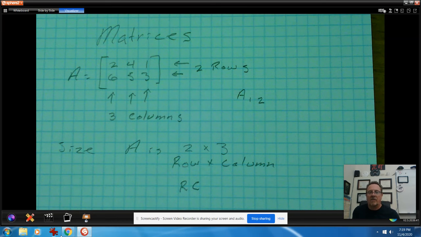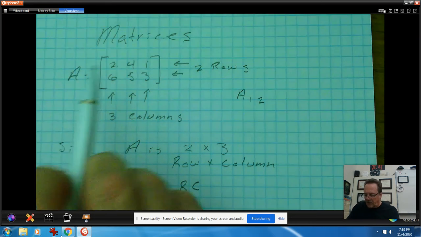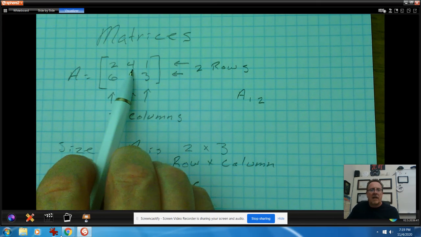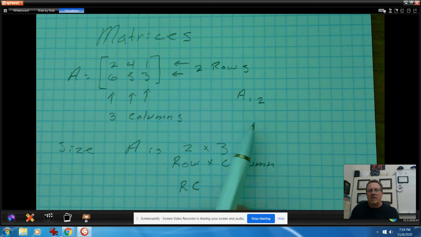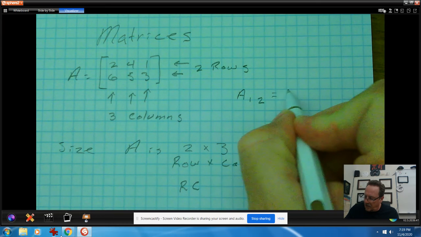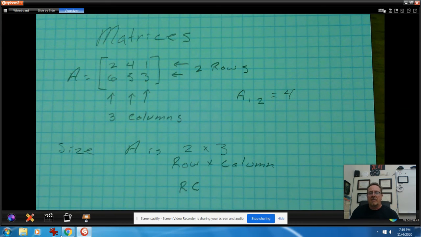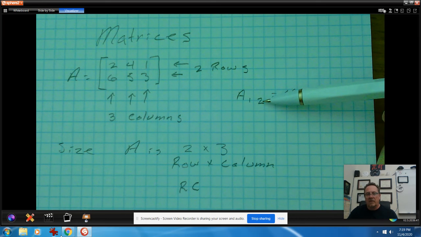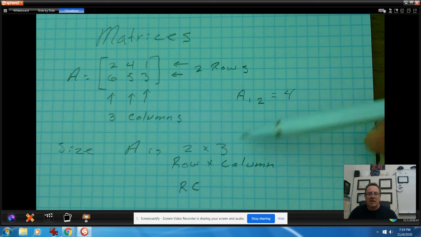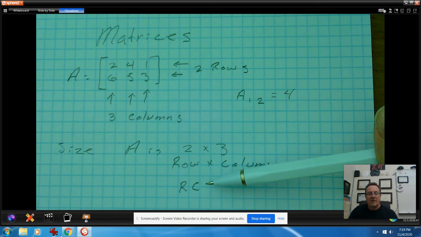I'm talking about first row, second column. So the thing that's in A12 is 4. It's in the first row, second column. So A12 is equal to 4. It's just talking about the number that's in row 1, column 2. And again, you can remember which one comes first. RC Pop, Royal Crown Cola.